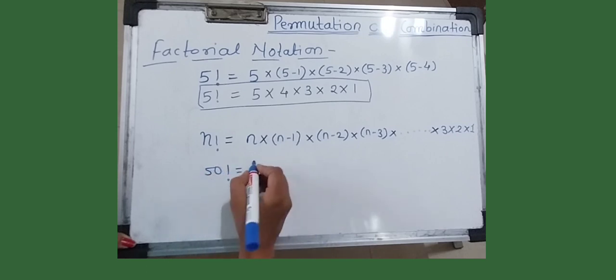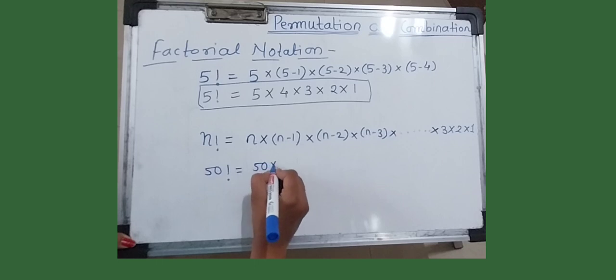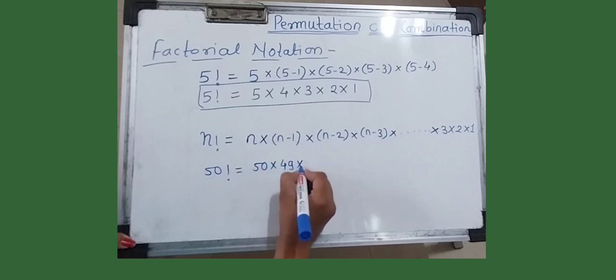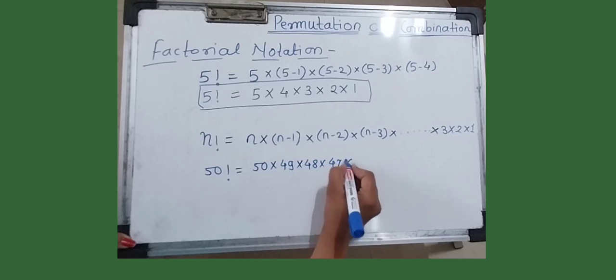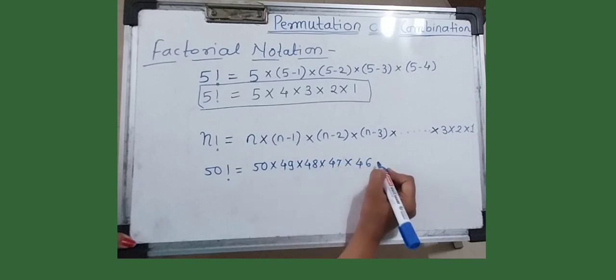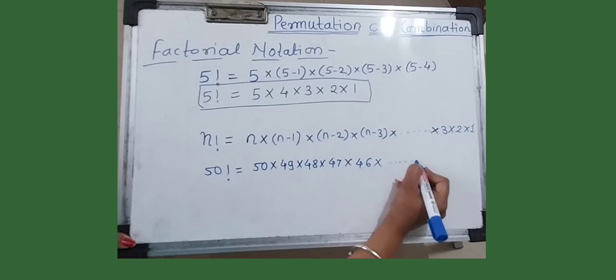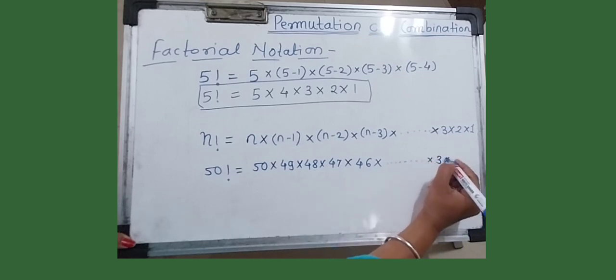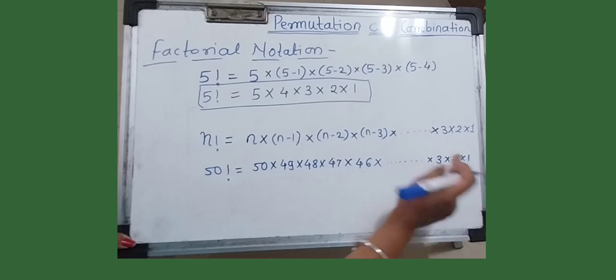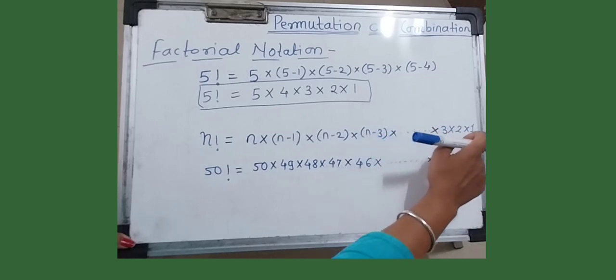Okay, what I write here, 50 into 49 into 48 into 47 into 46 up to dash dash dash, reverse counting. Okay, dash dash dash, 3, 2, 1. Like this I write here 3, 2, 1.